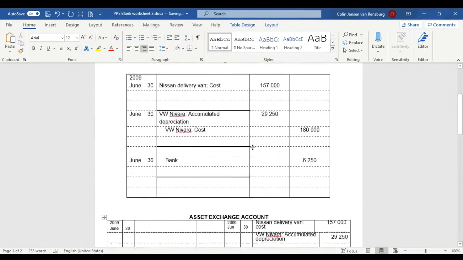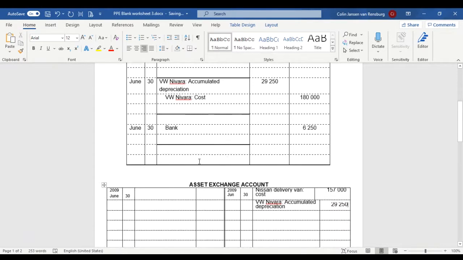There we go. Okay, the next leg of this journal entry is where we de-recognize the cost of that old asset, which was the Volkswagen Navara. So we credited that account. Now it means the contra to that entry will appear here in our asset exchange account.